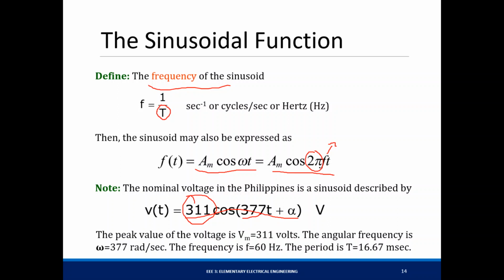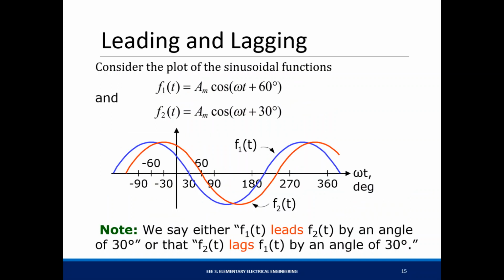Okay. With sinusoids, we have the concept of leading and lagging. Consider these two sinusoids here with different phase shifts, 60 degrees and 30 degrees. F1 of t is the blue, and F2 of t is the red. We say that F1 leads F2 by an angle of 60 degrees. Why?